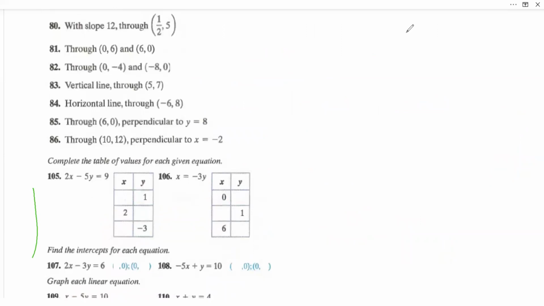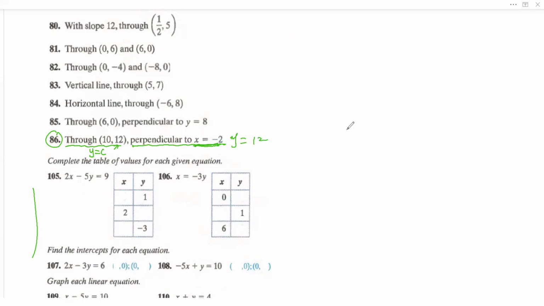All right. So let's see the 86. Through this line, perpendicular to a vertical line. What line? This is a vertical line, so it will be a horizontal line. A horizontal line is y equals a constant number. If they pass this dot, it should be y equals 12.